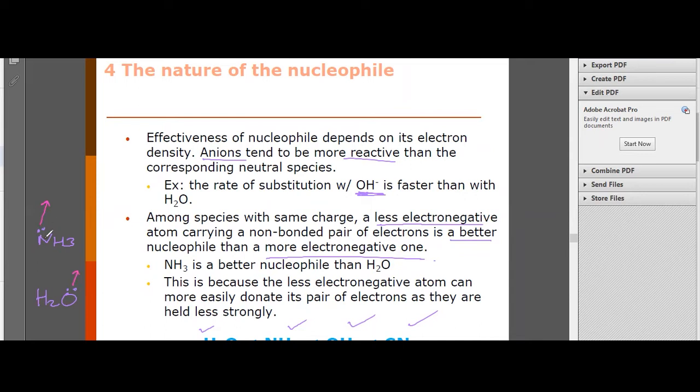If it is less electronegative, you know that nitrogen is less electronegative, that means it tends to donate the lone pair of electrons more easily, compared to the strongly electronegative atom.